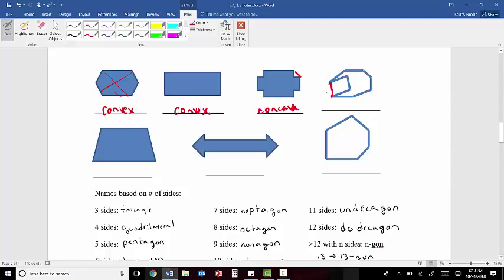Same thing here, outside, so concave. This is also convex, right? Can't do any connections and go outside. This is obviously concave. I could connect vertices here to here. And then we have convex again. So if you're not sure, give it a try. See if you can go outside the shape, but there's no way to do it.